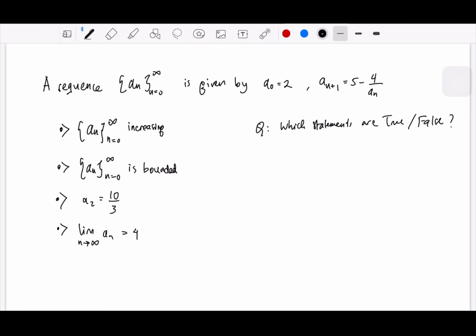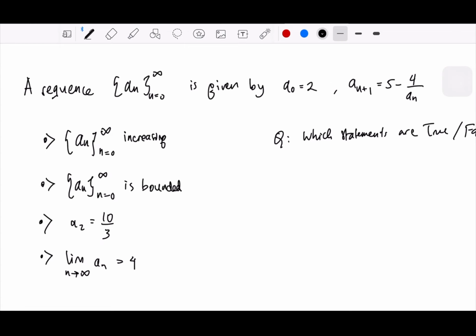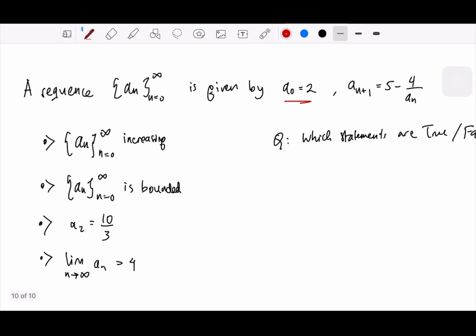Okay, first, to understand this question, you can see that we have a0 equal to 2 and a(n+1) is 5 minus 4 over an.